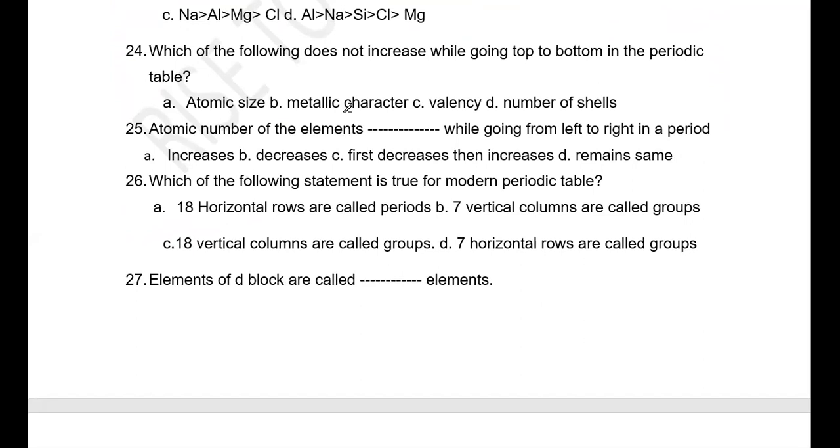The tendency to lose electrons will also increase. So metallic character increases. Valency, we know in a group, valency remains the same. It will not change. The number of shells will also increase. So which one does not change? Valency. Option C is the correct answer.